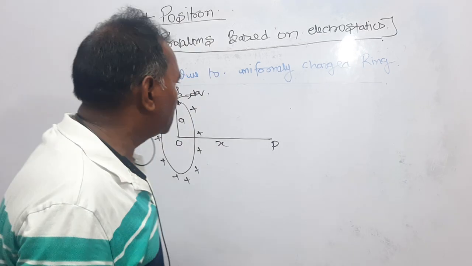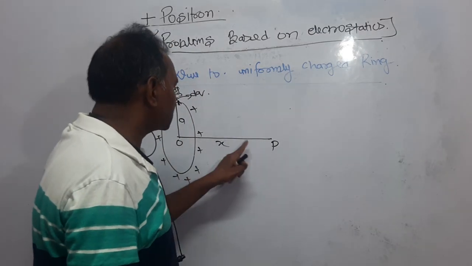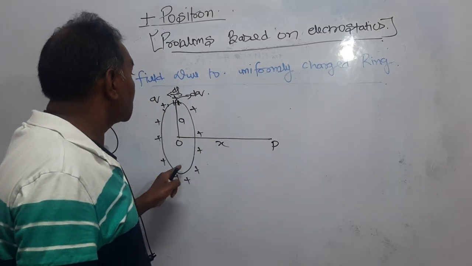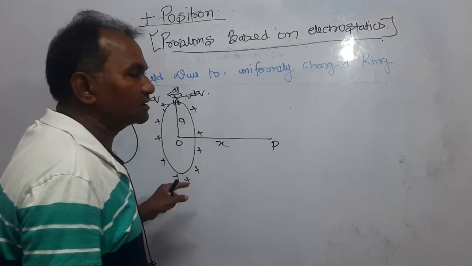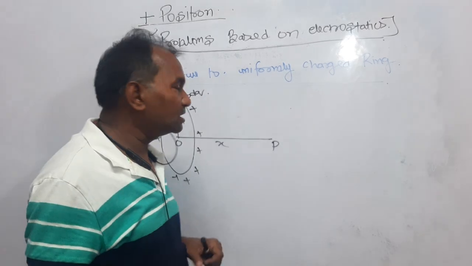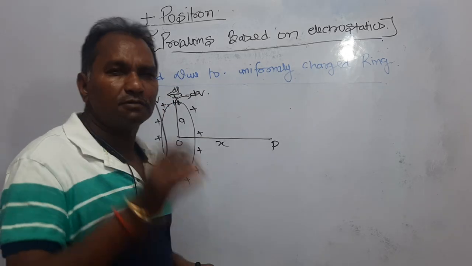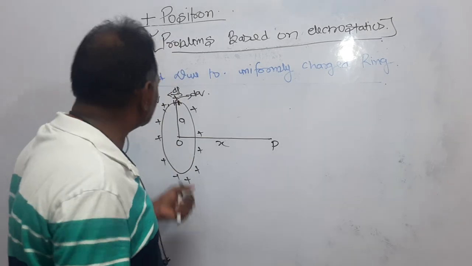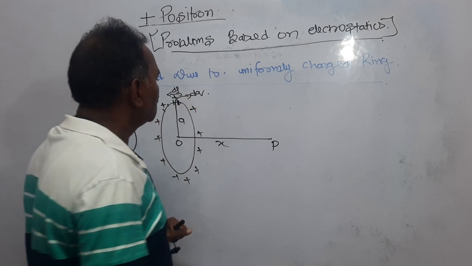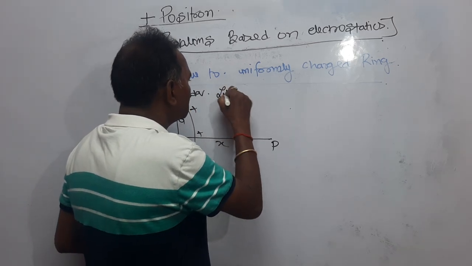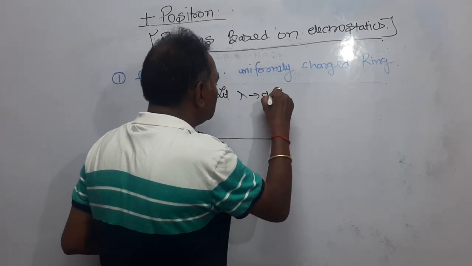To find the field at point P, which is x distance away from the center of the ring of radius a, we have assumed that the ring is made of many small strips. One such strip has length dl and charge dq. Let lambda be the charge per unit length.